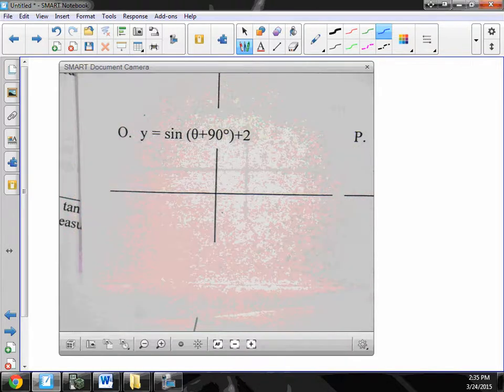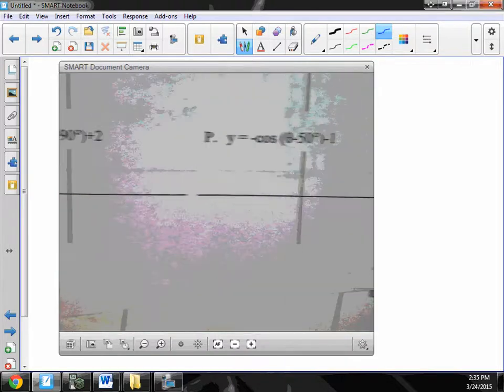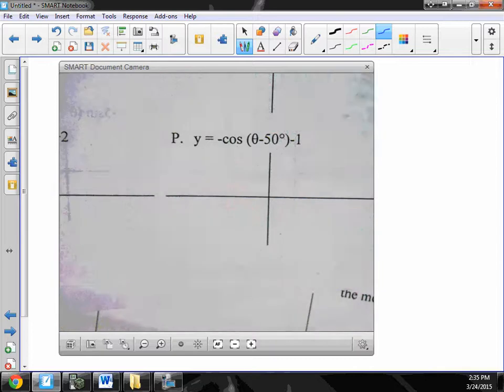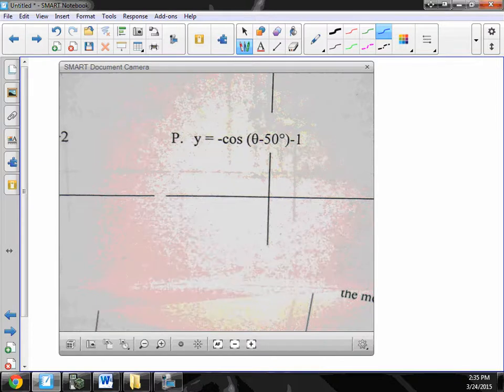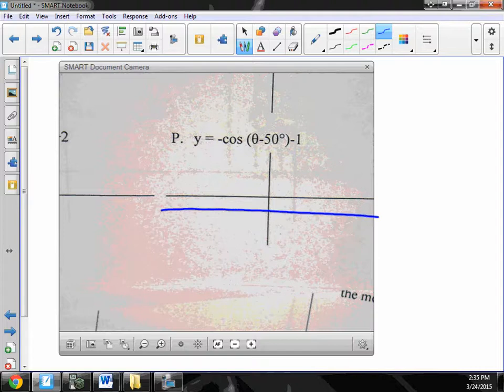Letter P. What's happening here? Down 1, right 50 degrees, and it's upside down. So I'm going to put my new center line at -1.